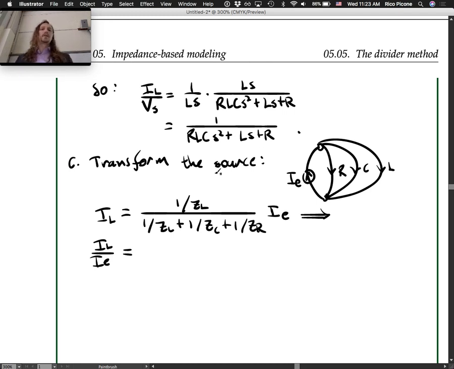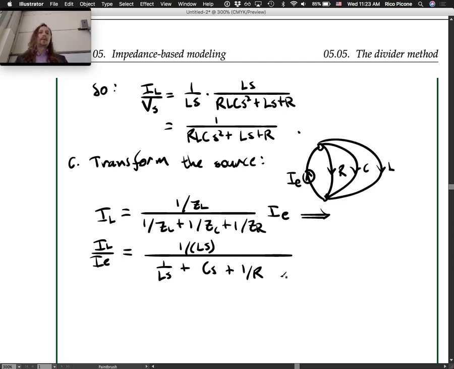But for now, let's simplify our right-hand side. So 1 over LS in the numerator divided by 1 over LS plus CS, right? 1 over CS plus 1 over R.